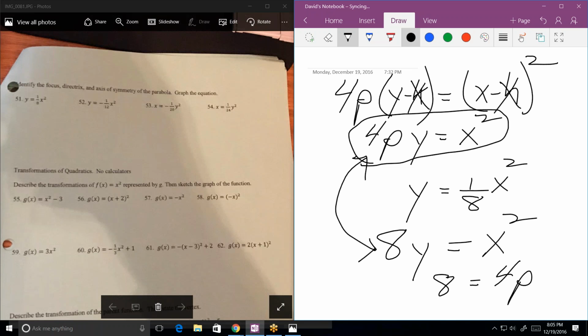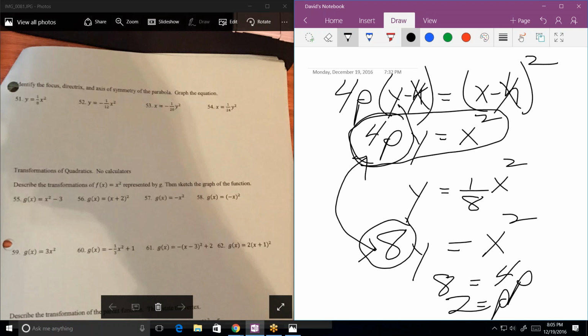So p is 2. All I have to do is make whatever they give us look like the general formula, and then equate 4p with its coefficient. So 4p equals 8.